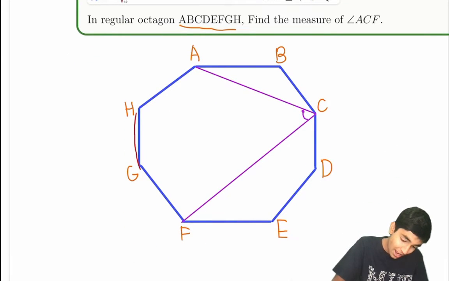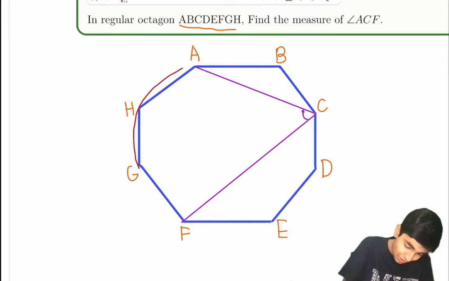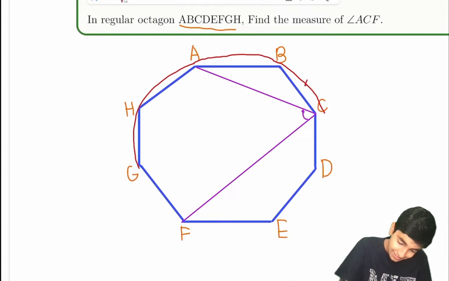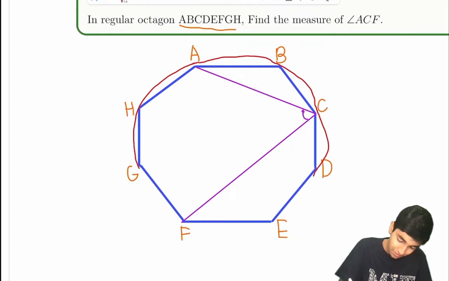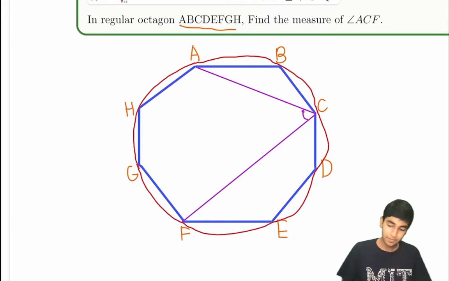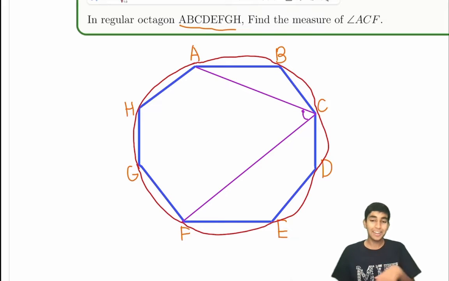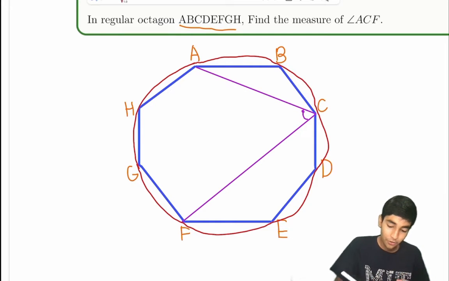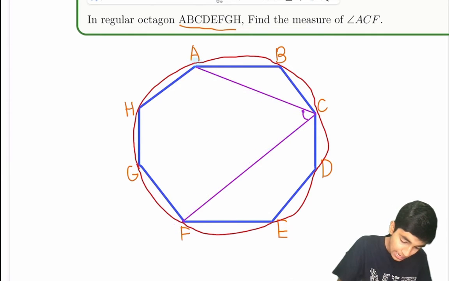So we can just draw a nice circle. Hopefully it's not too egg shaped. It's looking pretty egg shaped so far. Okay, so this is a nice circle. Very good, well drawn circle, as you can see. But in this circle, notice how this angle over here is inscribed in the arc AF.